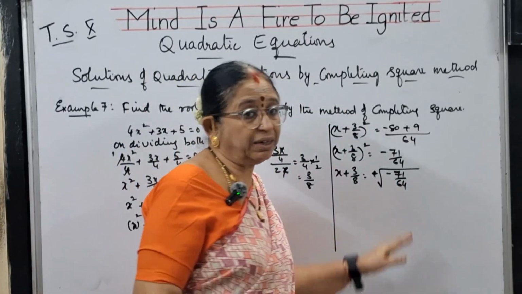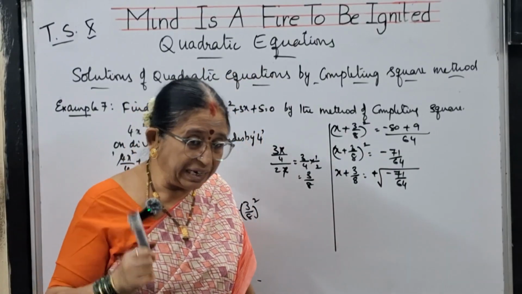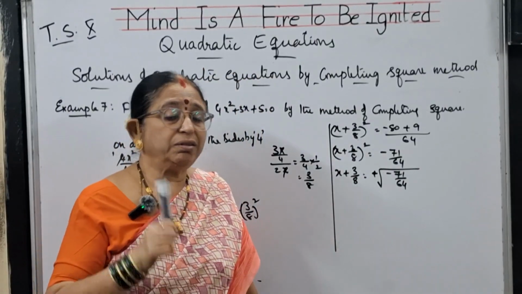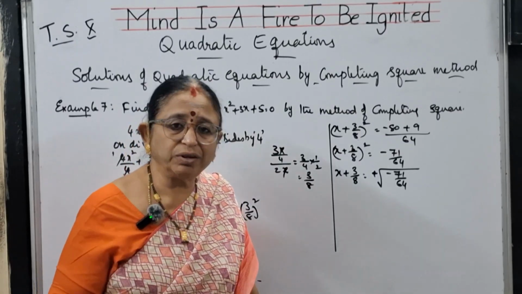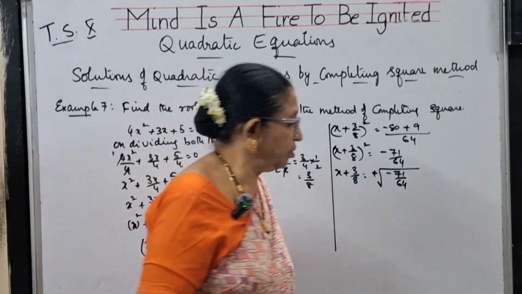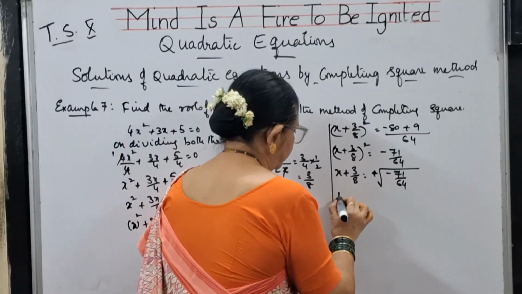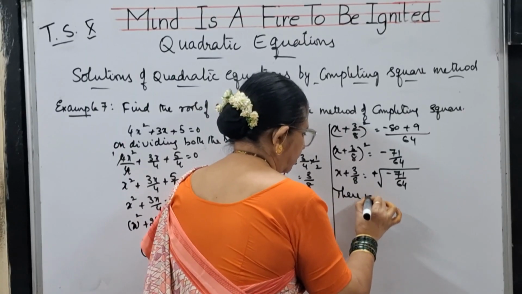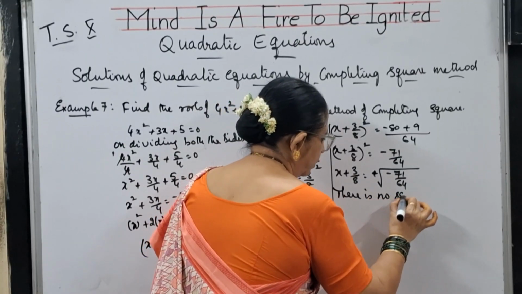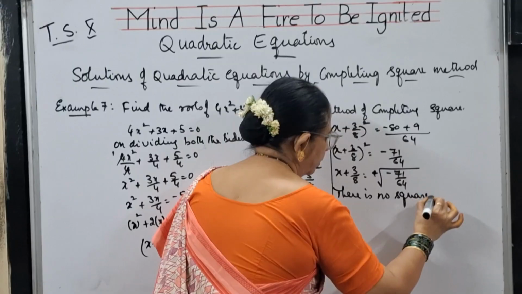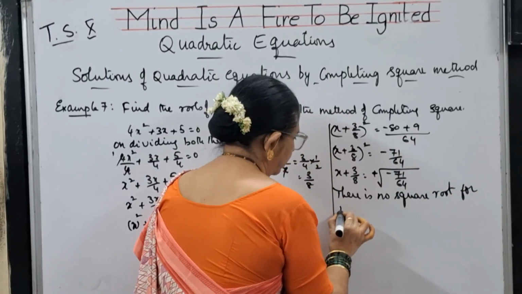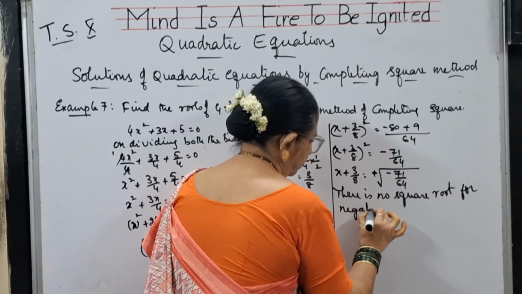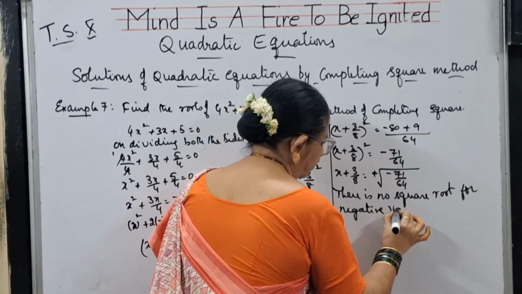But see here, children, for negative values, there is no root. You cannot find any square root for negative values. So we will be saying that there is no square root for negative values.